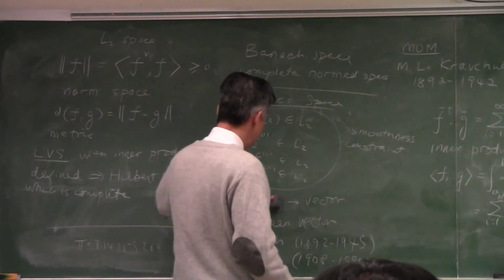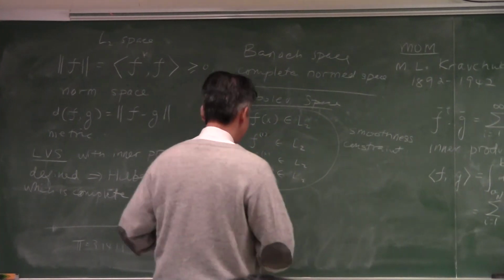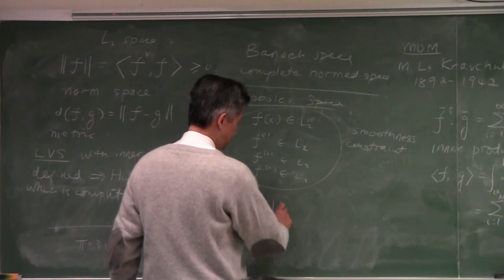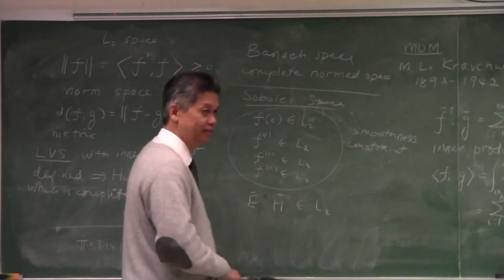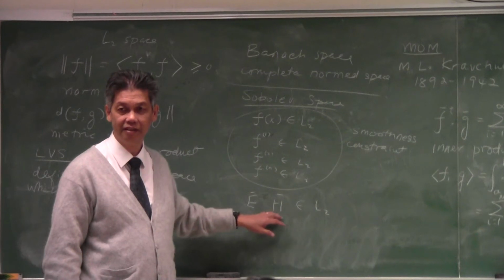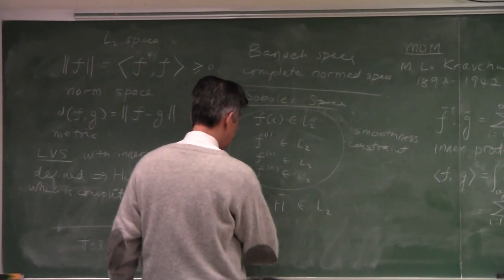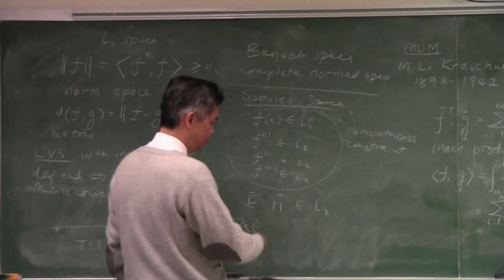For instance, roughly you can see that the electric field and magnetic field have to be members of some L2 space defined in higher dimension, because they are finite energy fields. Okay. But then you can also see that curl of E is needed in Maxwell's equation. This produces the magnetic field.